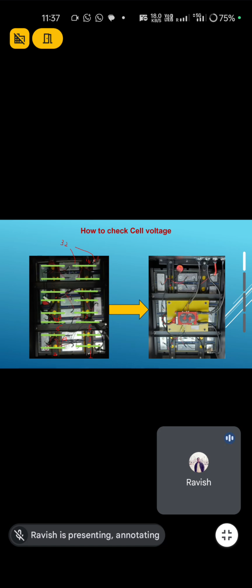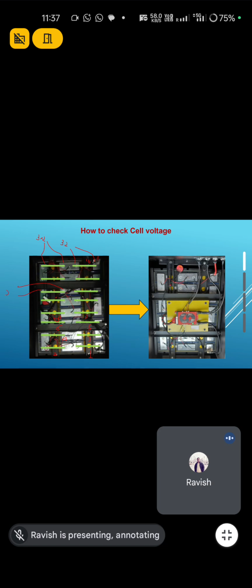If you want to check the other cell, connect your multimeter probe plus to minus for the other cell, and here it is also showing 3.2 volt.